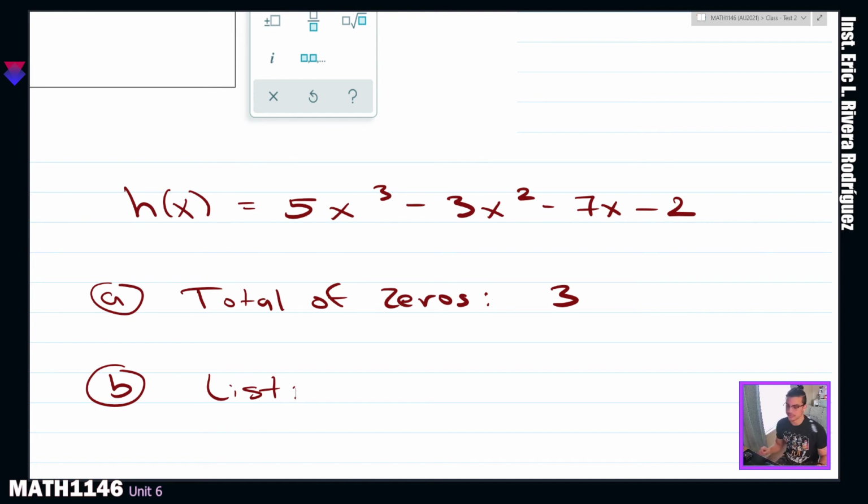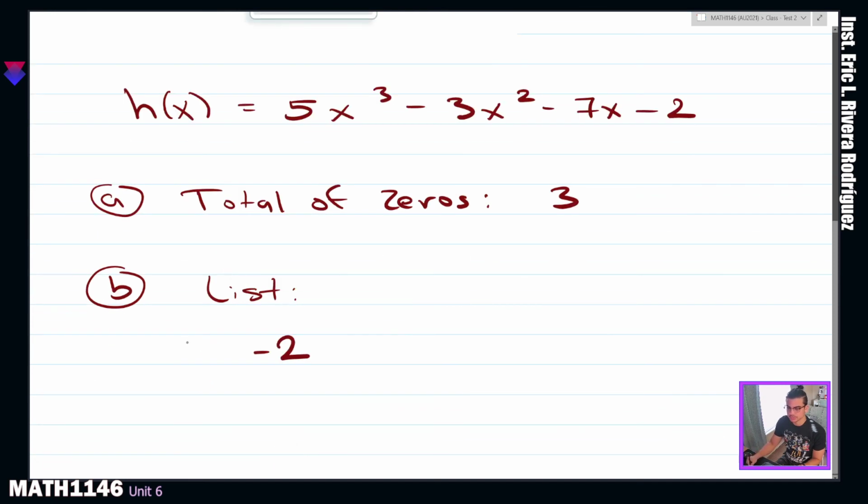The constant, so we have -2, and the leading coefficient, which is 5. The constant is represented with the variable p, and the leading coefficient is represented with q.